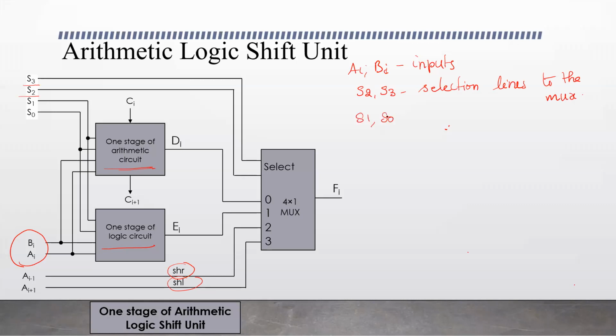And what are S1 and S0? The other two selection lines, S1 and S0, are the selection lines to control the operations of the arithmetic circuit and logic circuit. These are connected here, this is S1 and S0, and here again S1 and S0.